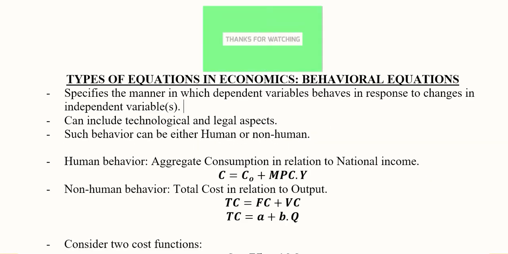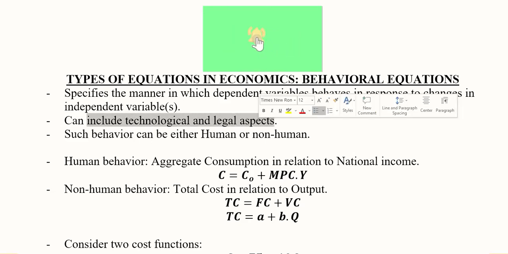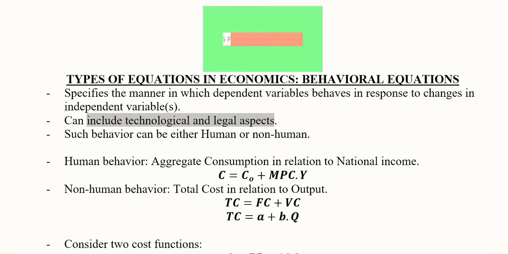The other type of equations that we confront in economic analysis is the behavioral equation. Behavioral equation, as the name goes, is about the behavior of certain variables. These variables can be related to production, consumption, or human behavior. So we can also include technological and legal aspects in it, because these will affect the behavior of the dependent variable.